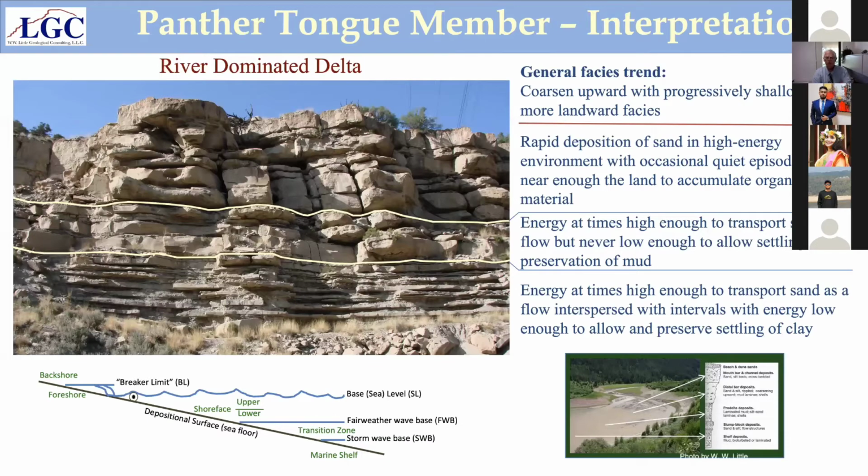And remember that one of the things that we talked about that might lead to structureless sand bodies is very rapid deposition. Deposition is fast enough that the sediment doesn't have time to be reworked by other processes.